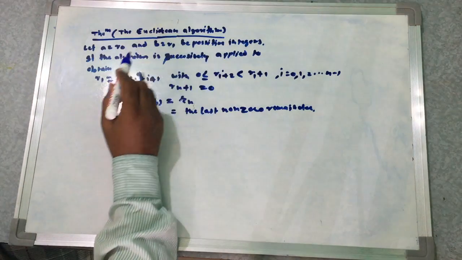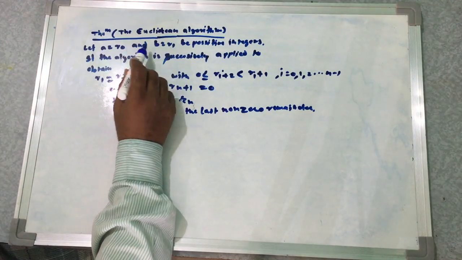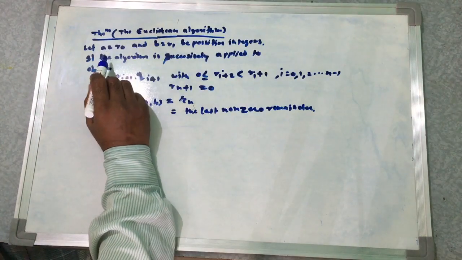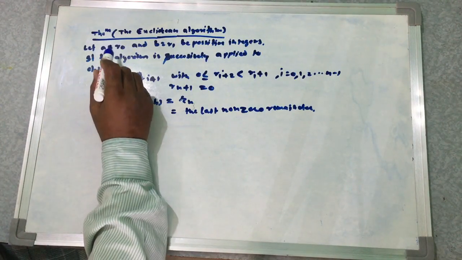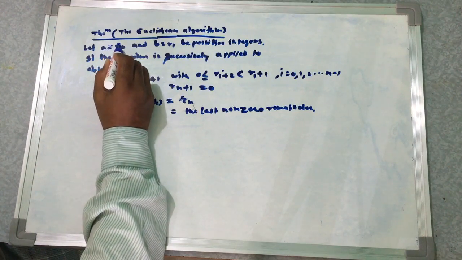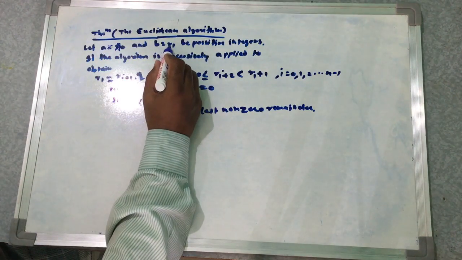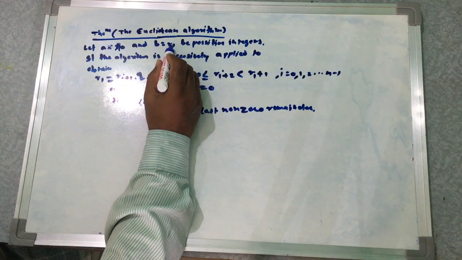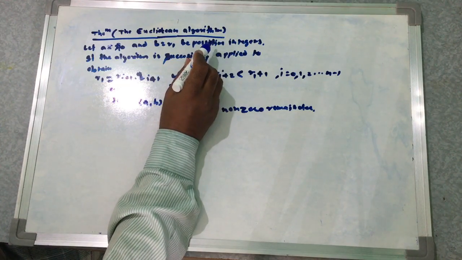The Euclidean algorithm. This is the theorem: let a = r0 and b = r1 be positive integers.